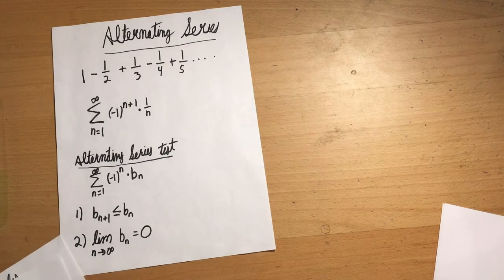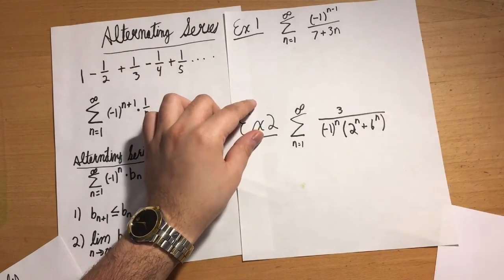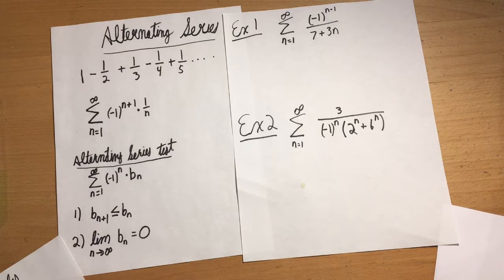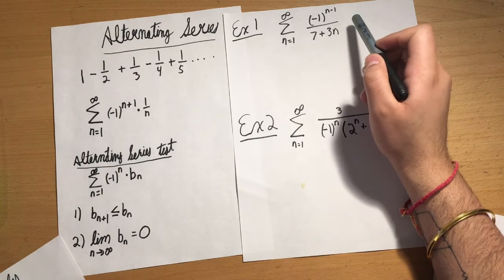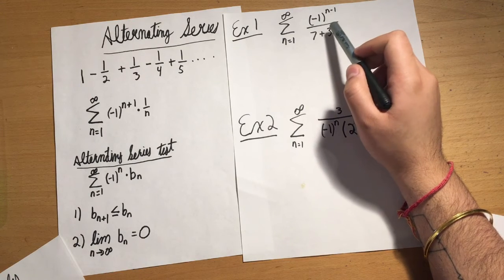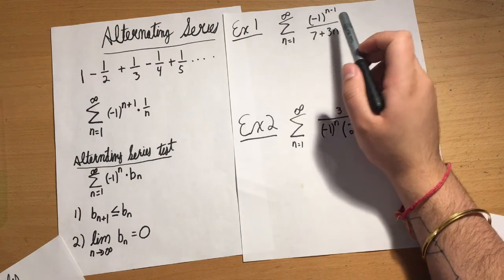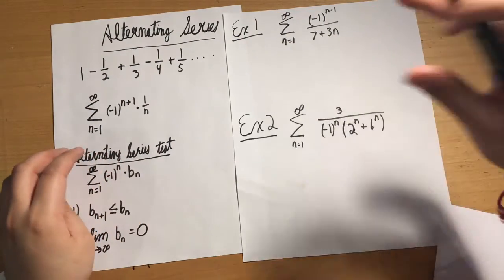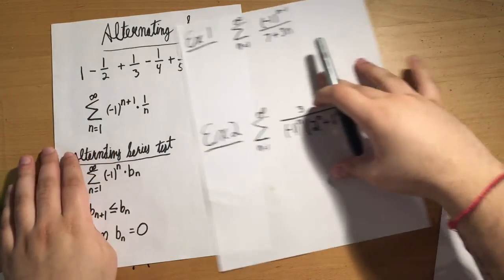Now, let's look at a few examples. We'll start with the series of (-1)^(n-1) over 7 plus 3n. First, let's get it into the form where it's -1 to some power times some other thing.